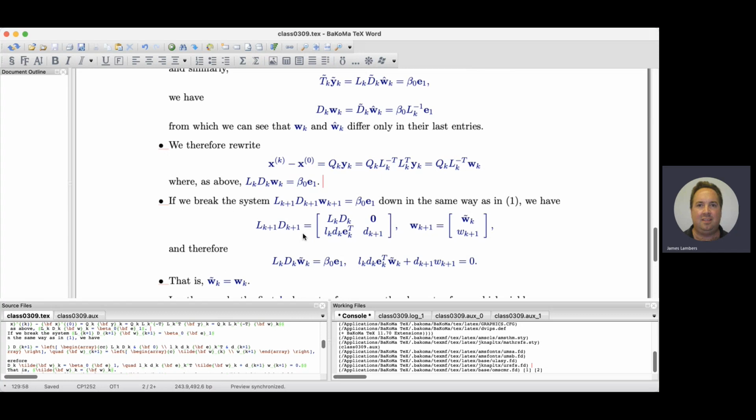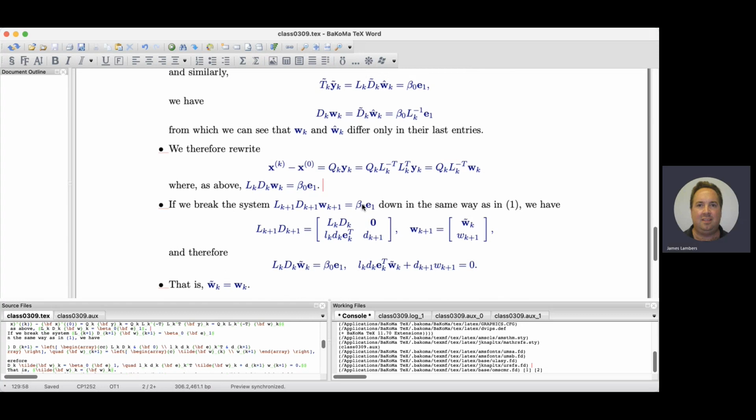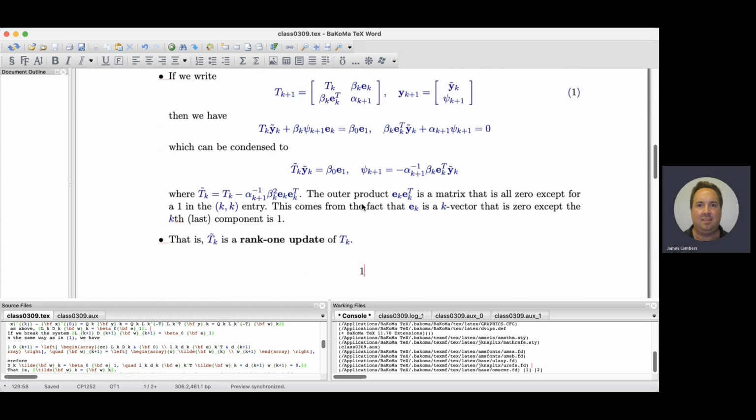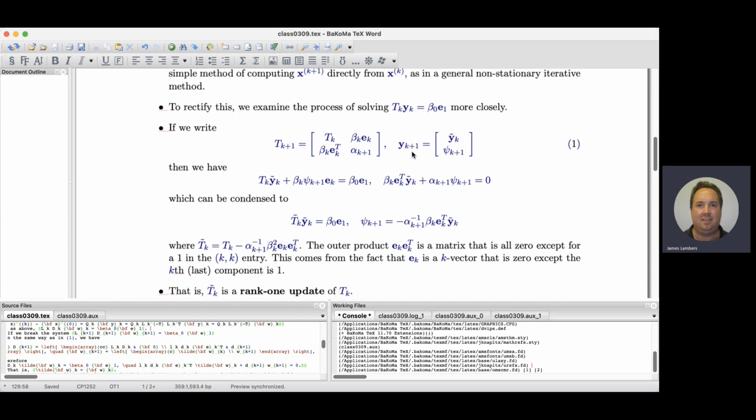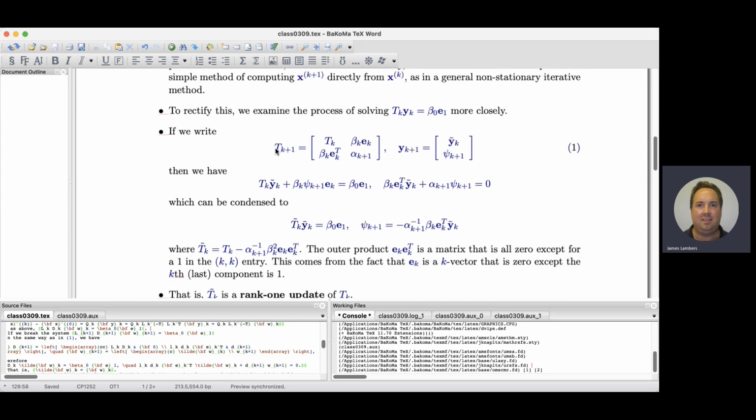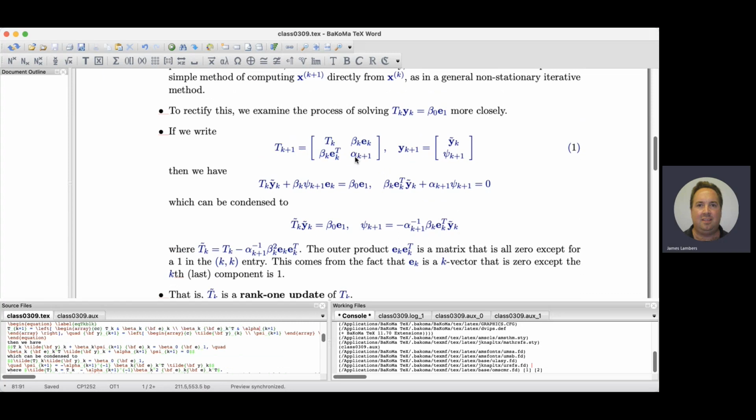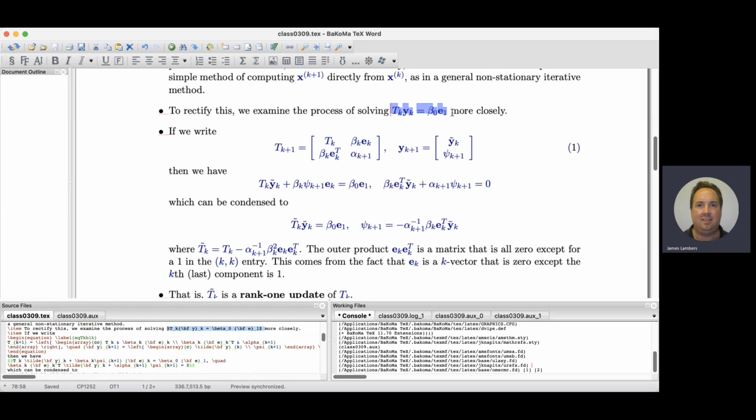Because the problem was, if I go back to the original system we were solving, we like to think of the system involving TK plus 1 as building on top of this one. The trouble is, this vector right here is known to not be the same as yk. So we can't just take this solution and then tack one element onto it.